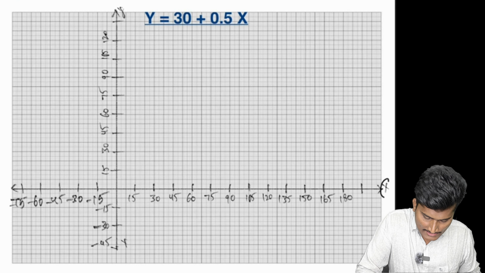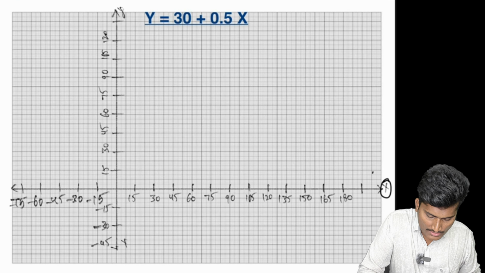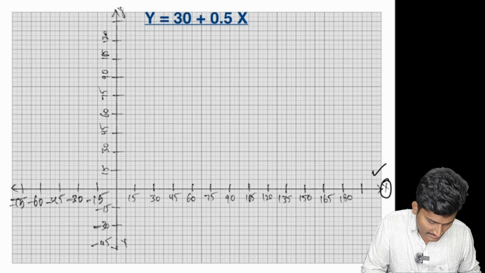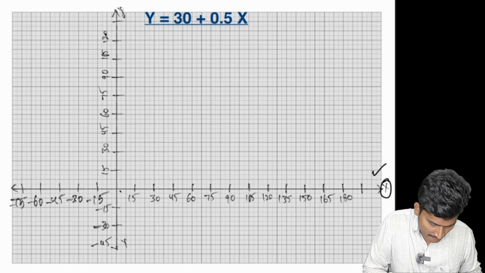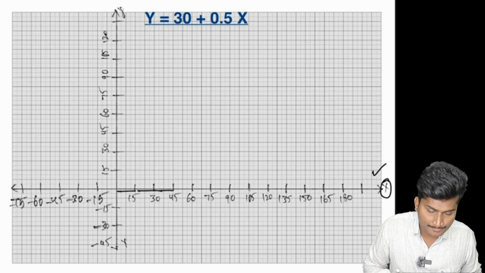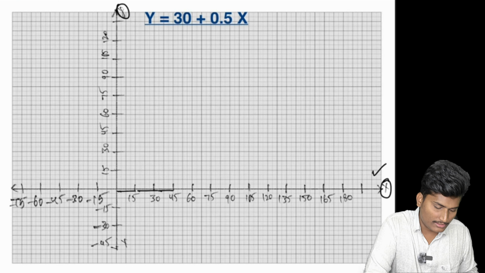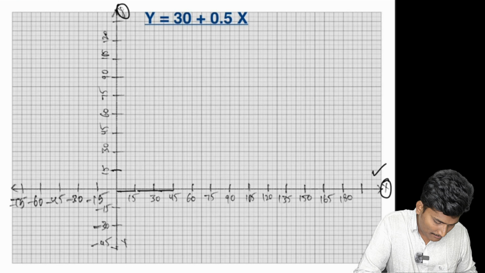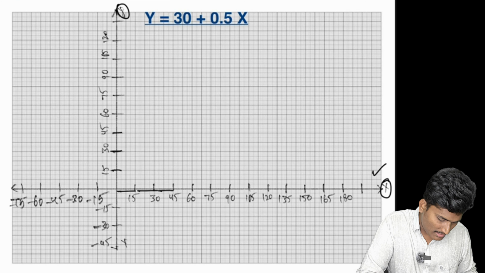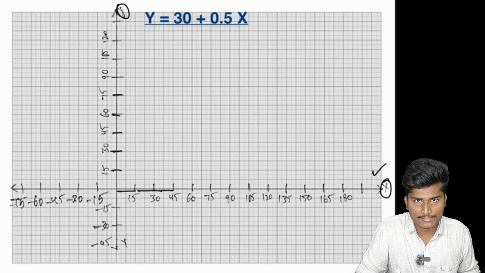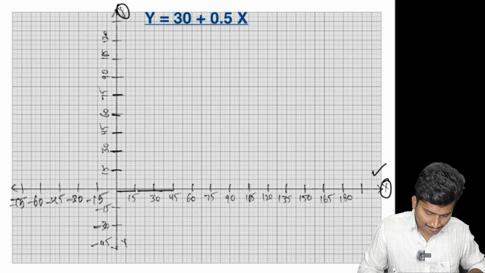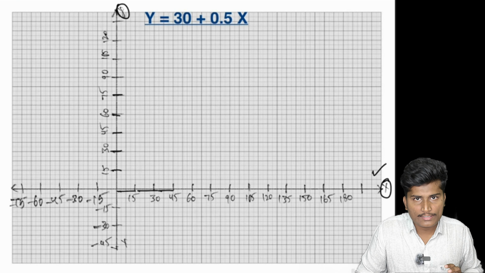I mean, the x-axis represents the number of hours you are going to study, and each centimeter represents 15 hours of studying. Also the y-axis represents the marks you are going to get, and each centimeter represents 15 marks. So here we need to plot our graph.